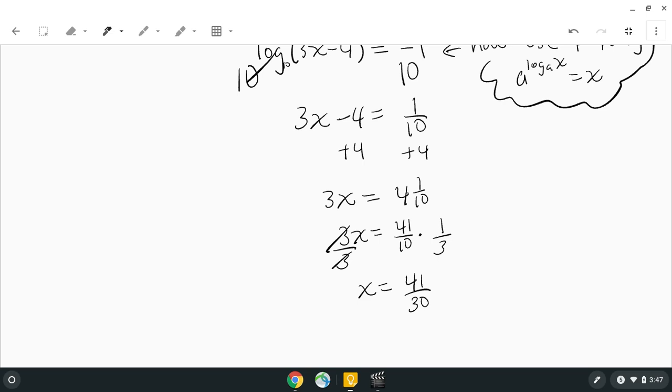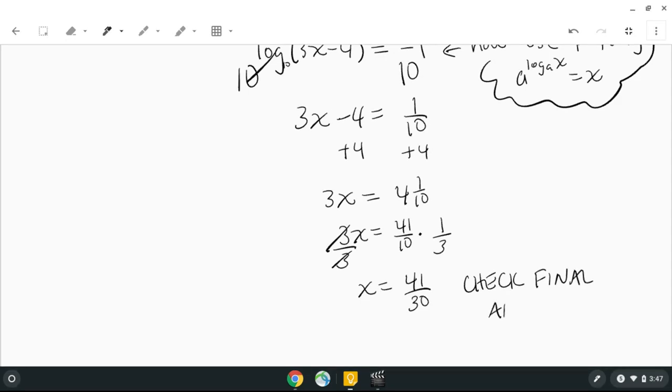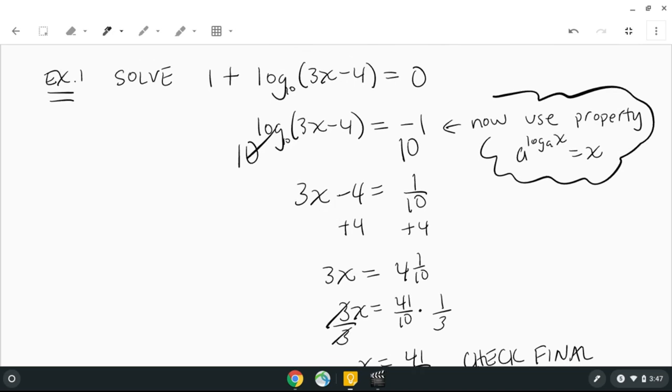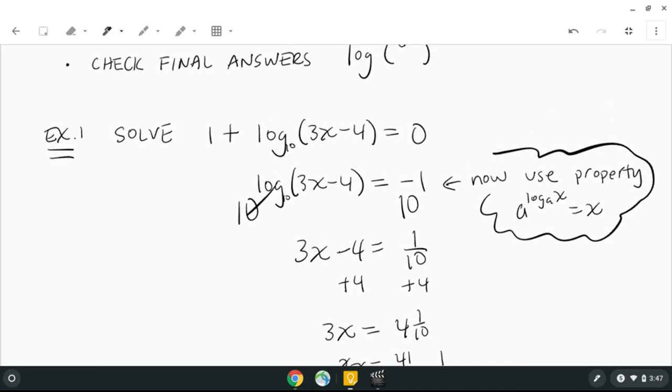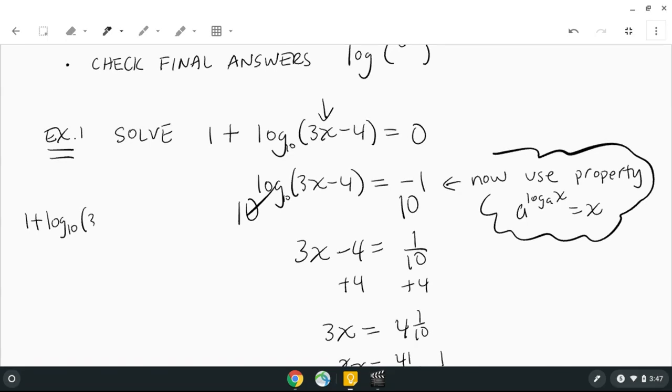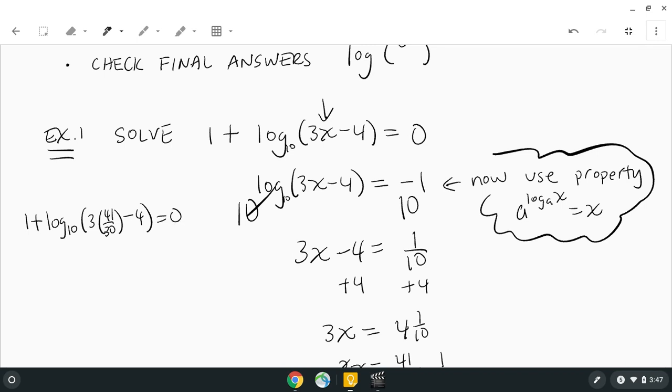Again, you have to check your final answer. We don't want negative or 0 inside the log. So when I plug 41 over 30 in, let's do that off to the side: 1 plus log base 10 of 3 times 41 over 30 minus 4 equals 0.